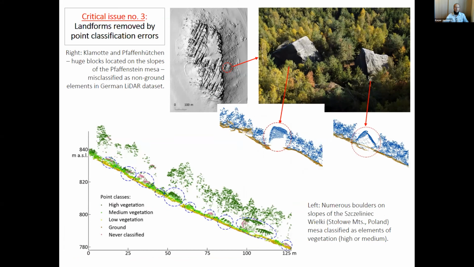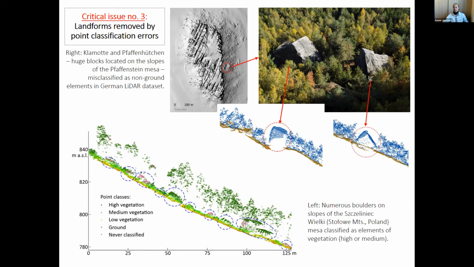And the third one is, I guess, the only one we can solve. The third issue is the DTM artifacts, which are caused by wrong classification of the point cloud. In our study sites, it happened quite often that smaller landforms like tors or boulders are filtered out and treated as non-ground objects, same as trees or buildings.